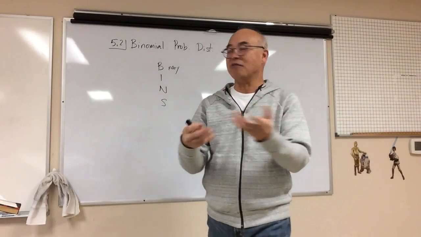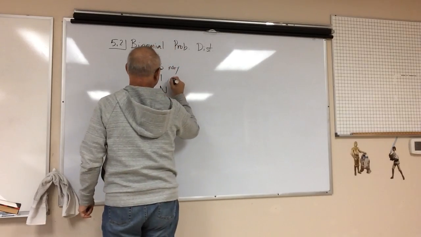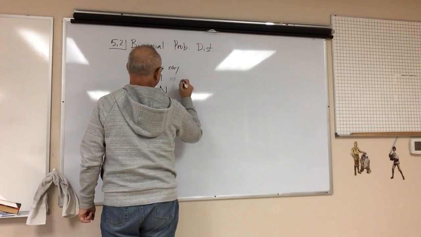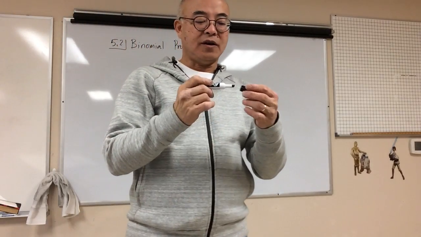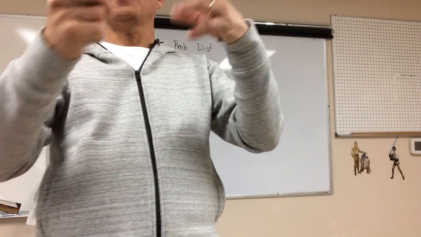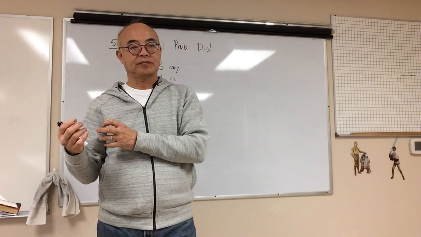And then the I is that the probabilities are independent of each other. Okay, in other words, one result does not dictate or change what's going to happen on the next one.